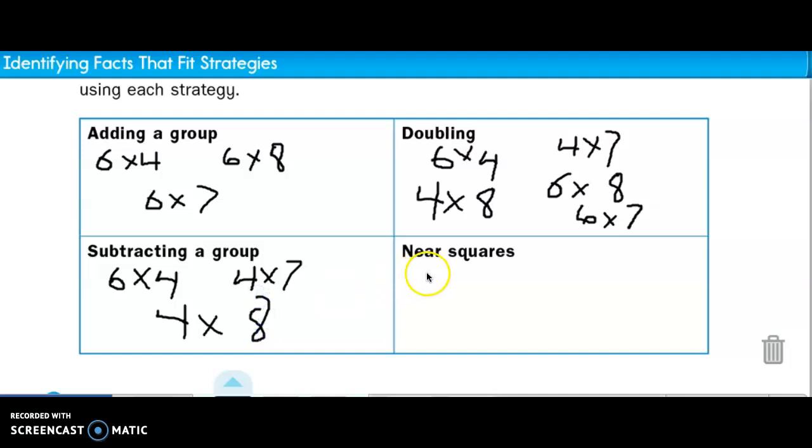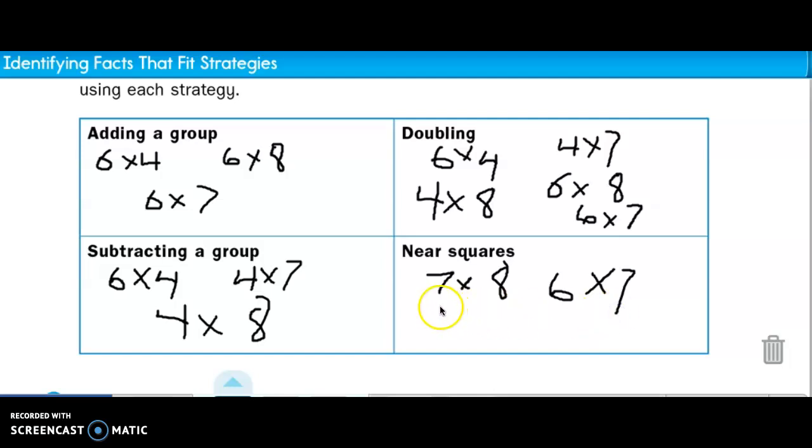And then for near squares, we're going to put 7 times 8 and 6 times 7.